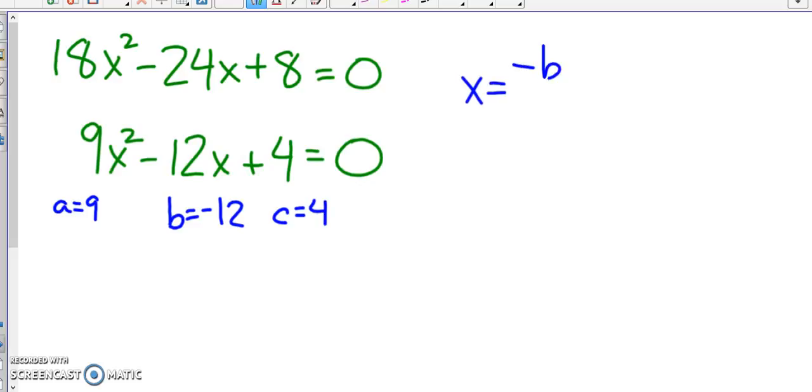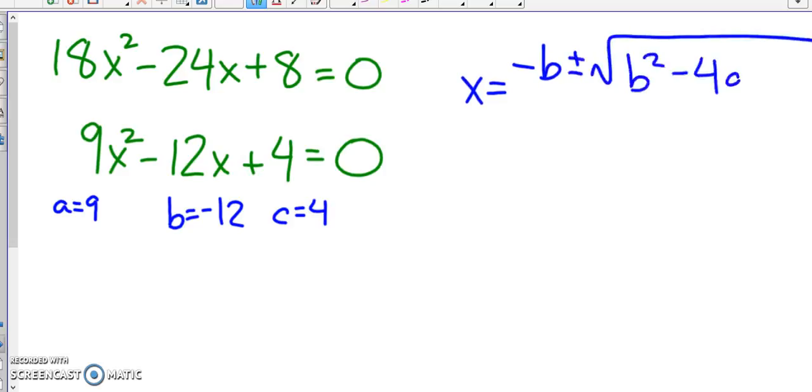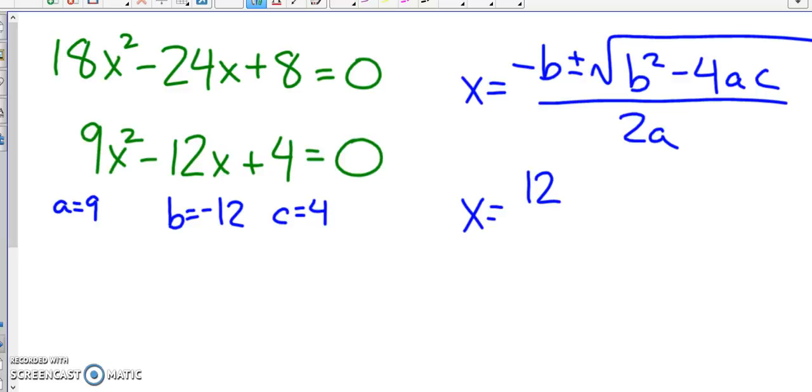X equals negative b plus or minus the square root of b squared minus 4ac all over 2a. Okay, so if b is negative 12, then negative b is positive 12, because that negative just basically means change the sign. Plus or minus the square root.